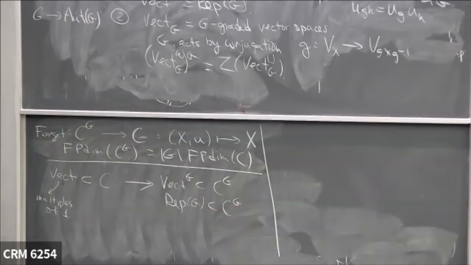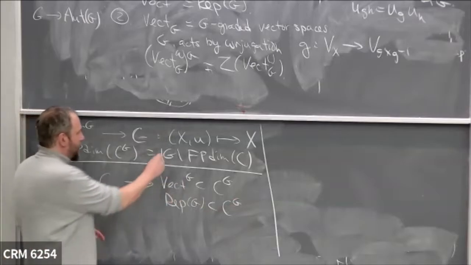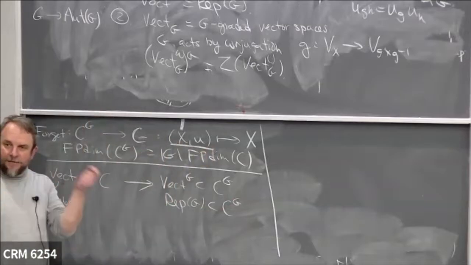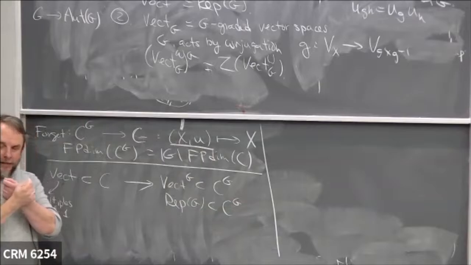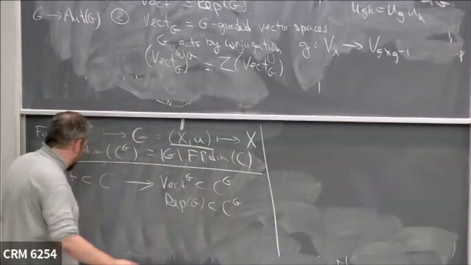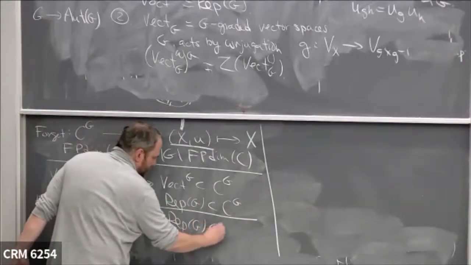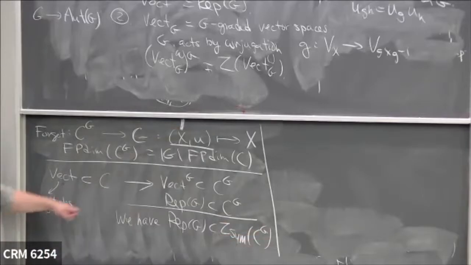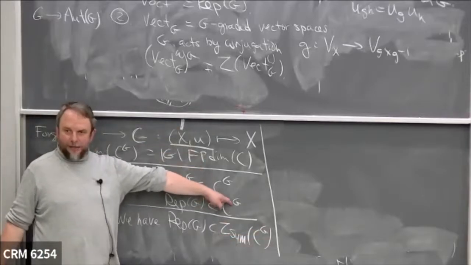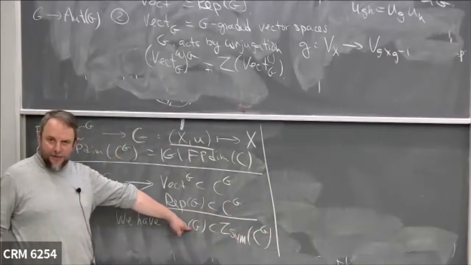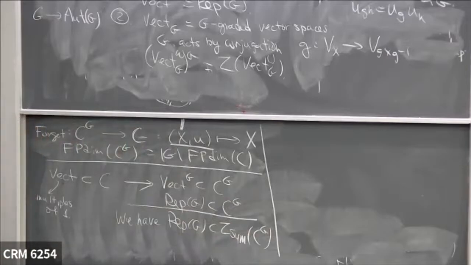So it consists of all these objects (X, u), where X is equal to 1. Now, 1 centralizes every object in the category. So this is not just a subcategory, it's a subcategory of the symmetric center. Rep G sits inside the symmetric center. So in particular, the result will not be non-degenerate if you start with a non-trivial group. There always will be a symmetric part in the symmetric center.